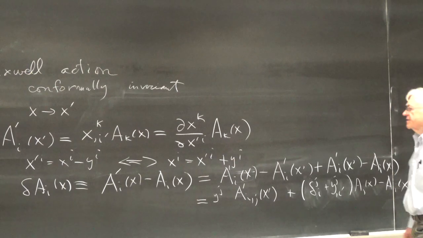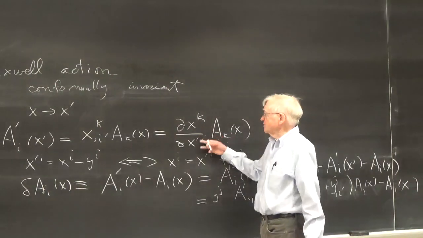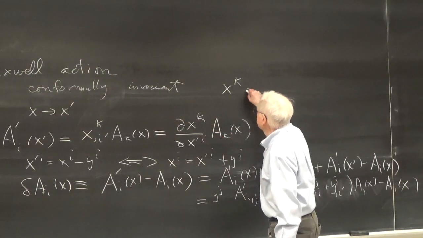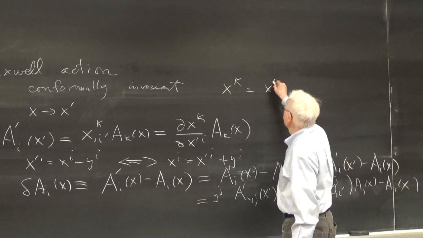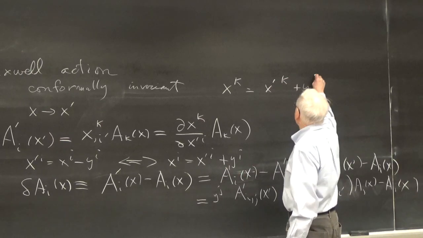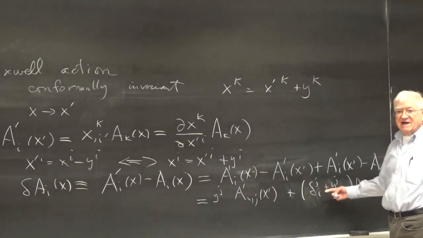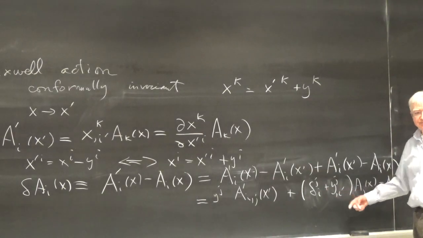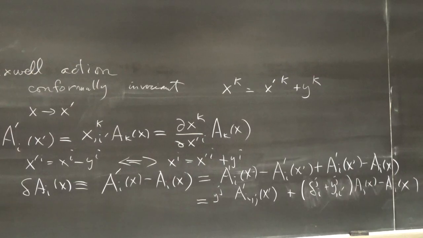Right, oh, yeah, you see the derivative of x, with, in other words, x^k is x'^k plus y^k. So that's where the delta and then the derivative.